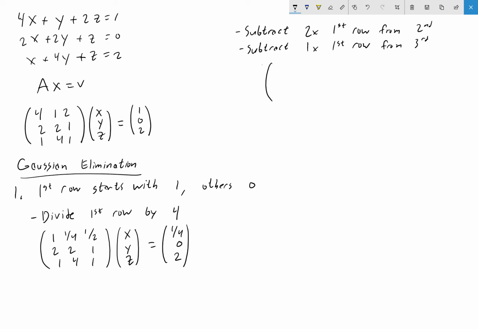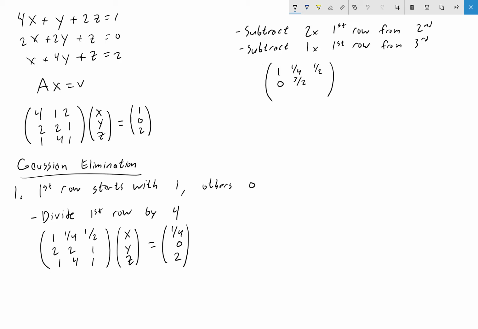So my first row hasn't changed: 1, 1/4, 1/2. The second row, I'm going to subtract 2 times the first row. So I'm going to take 2 minus 2 times 1 is 0. That's the whole point, is to get that 0. Then I'm going to take 2 minus 2 times a quarter, so that's 2 minus 1/2, or 3/2.